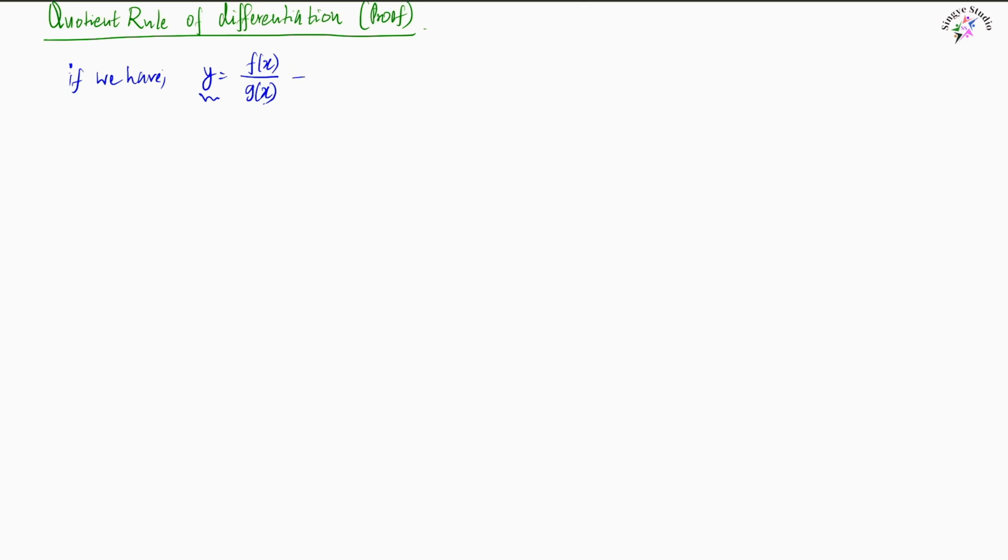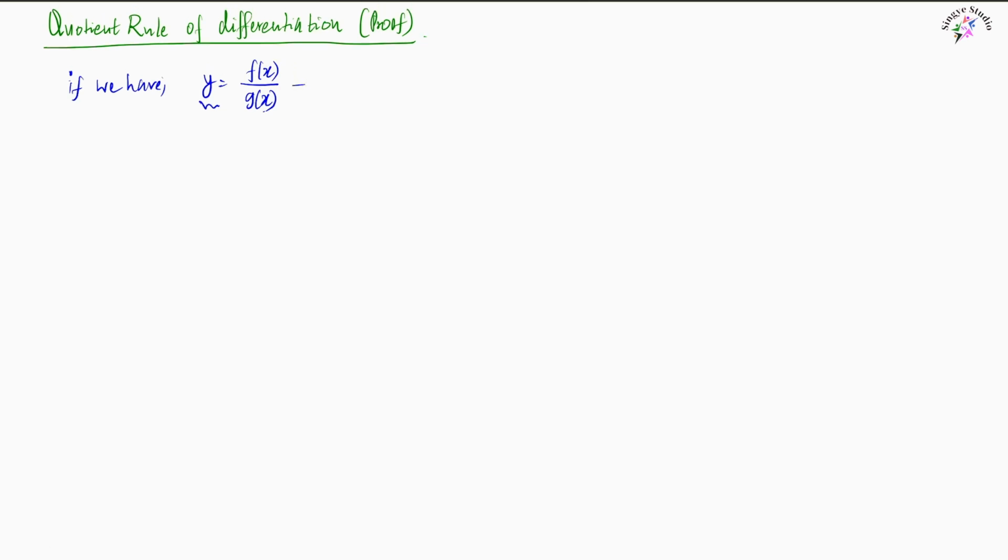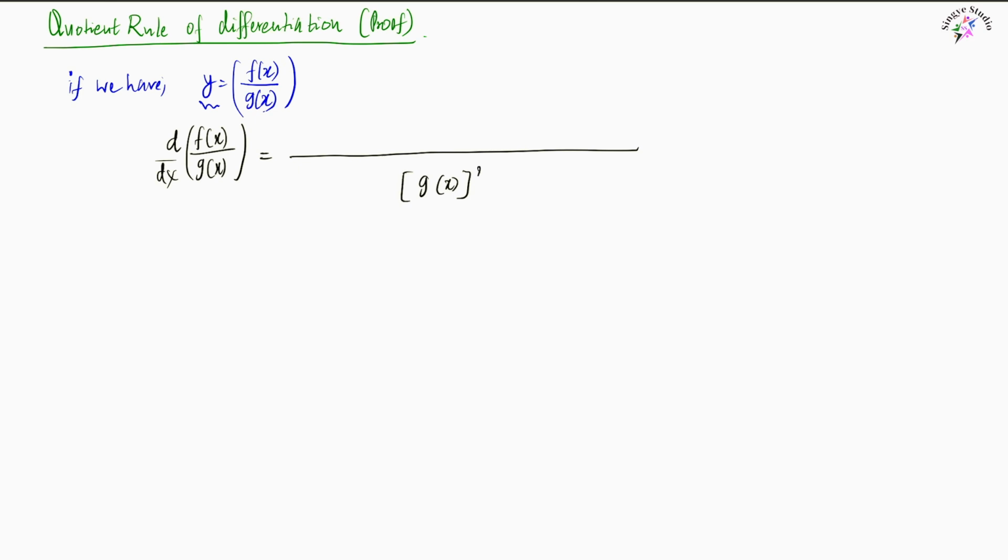We have the rule of differentiation where we can evaluate this directly. The direct way is that the derivative of f of x upon g of x with respect to x is the whole expression divided by the square of the second function.